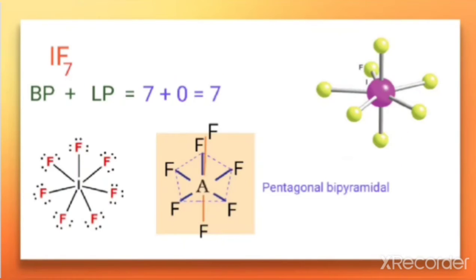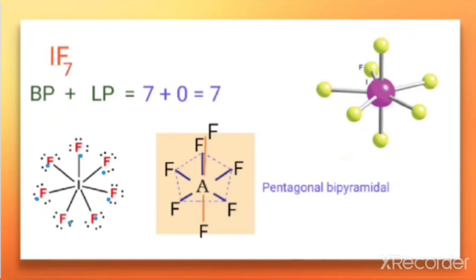Now IF7, we have already made the structure for IF7 last year. Here the central atom is I, and because 7 electrons are there with the halogen in the valence shell, all these electrons will be shared with the 7 fluorine, which are the terminal atoms.